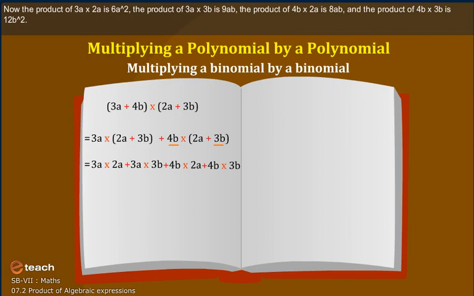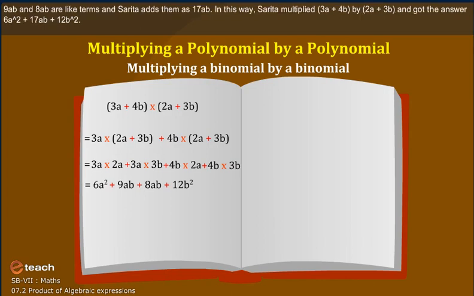And the product of 4b into 3b is 12b square. 9ab and 8ab are like terms, and Sarita adds them as 17ab. In this way, Sarita multiplied 3a plus 4b by 2a plus 3b and got the answer 6a square plus 17ab plus 12b square.